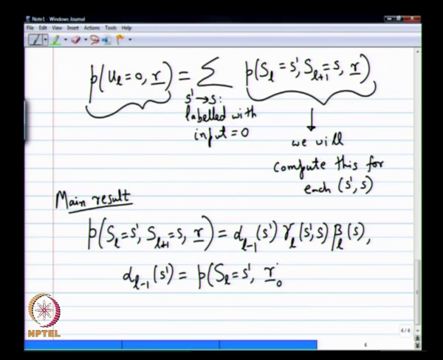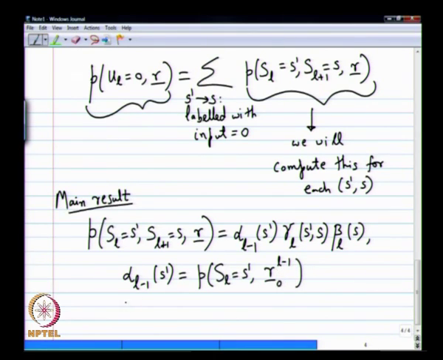I have been writing it from 0 to L minus 1, so R_L will not be involved. When I write 0 to L minus 1, what it means is, if I have a vector indexed from 0 to whatever, you only take those indices. It is like MATLAB notation, R of 0 colon L minus 1, though 0 is not a valid index in MATLAB, but it does not matter. So R from 0 to L minus 1.